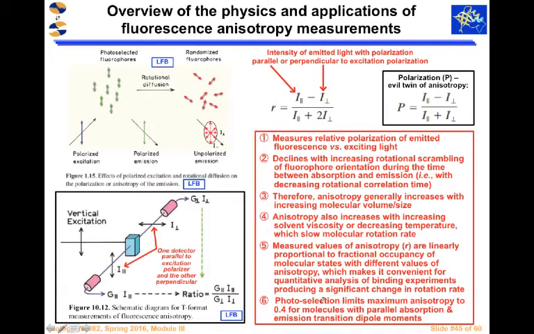Photoselection limits maximum anisotropy to 0.4 for molecules with parallel absorption and emission transition dipole moments. So basically, the efficiency of excitation is proportional to the square of the dot product of the electric field vector with the transition dipole moment vector. So obviously there's preferential excitation of things that are aligned parallel to the excitation vector.